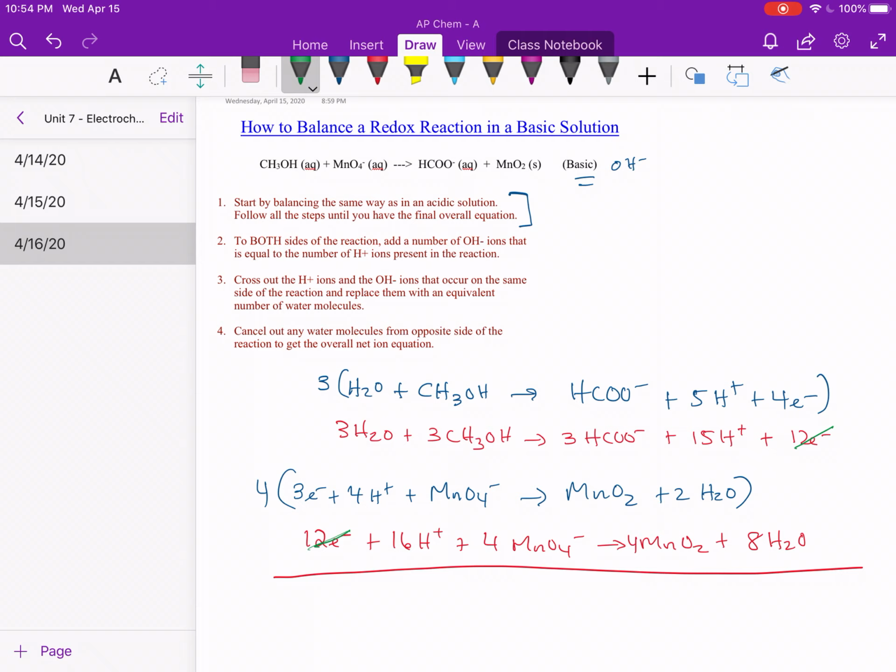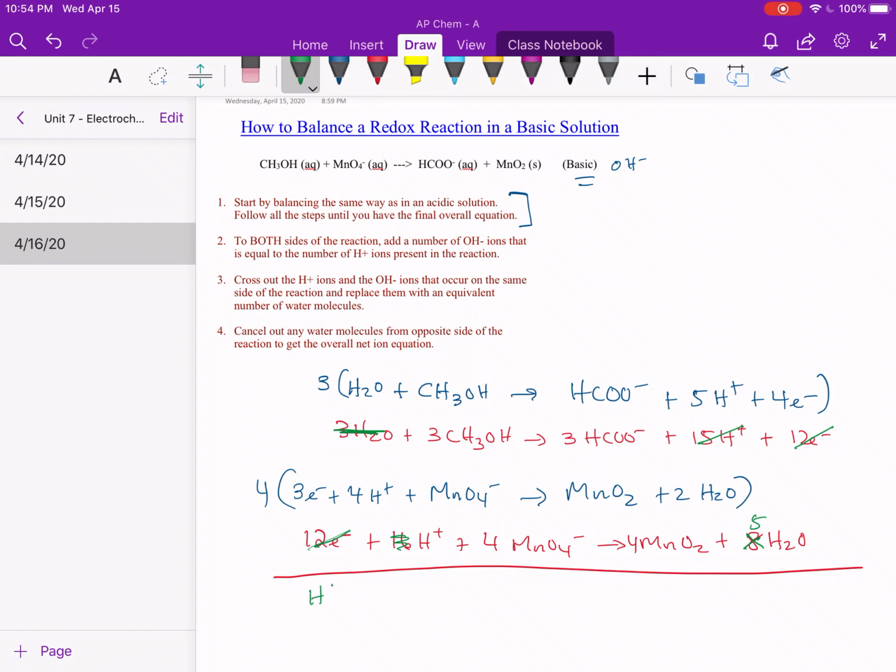Now we can look at our thing. So we have 15 H pluses over here. We have 16 over here. So now we have 1 left there. We have 3 waters here. We have 8 waters here. So that would give us 5 there. And now if we look, everything should be canceled.